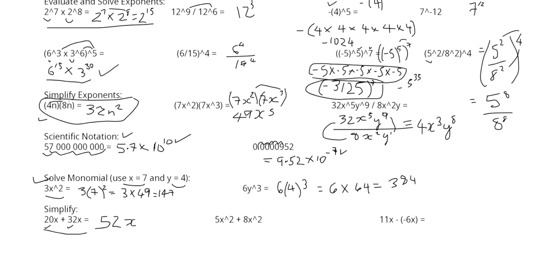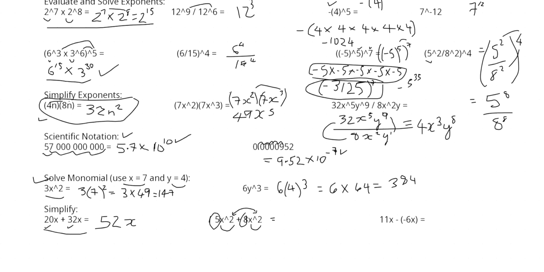When we're not dividing or multiplying the numbers, we're going to leave the variables exactly the same. The only thing we're going to care about is the coefficients. So in this case, we're going to say 5 plus 8 is equal to 13. And we're going to say 13x to the power of 2. That's it. We don't do anything with the exponents because we're not multiplying and we're not dividing. That's the only time you change your exponents.